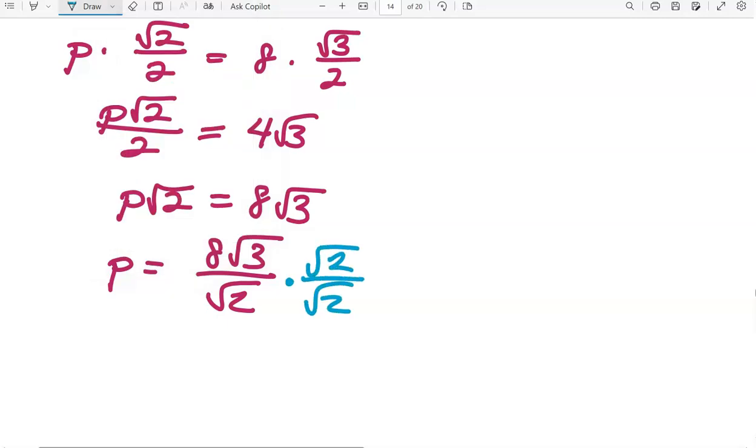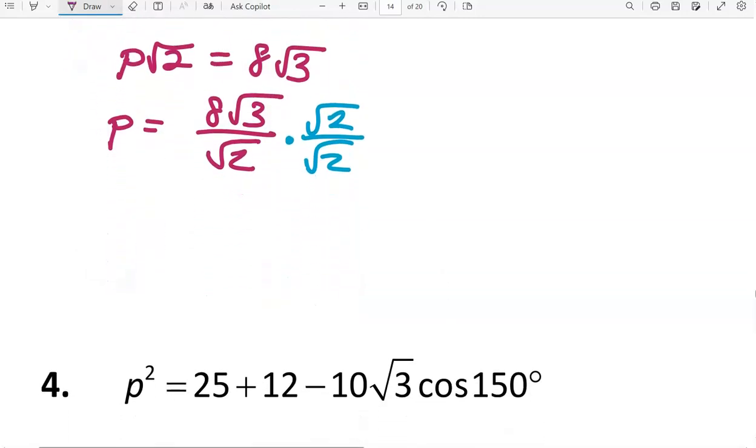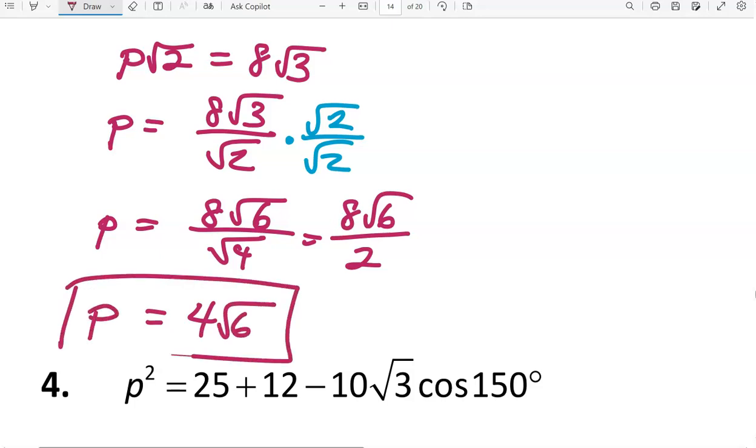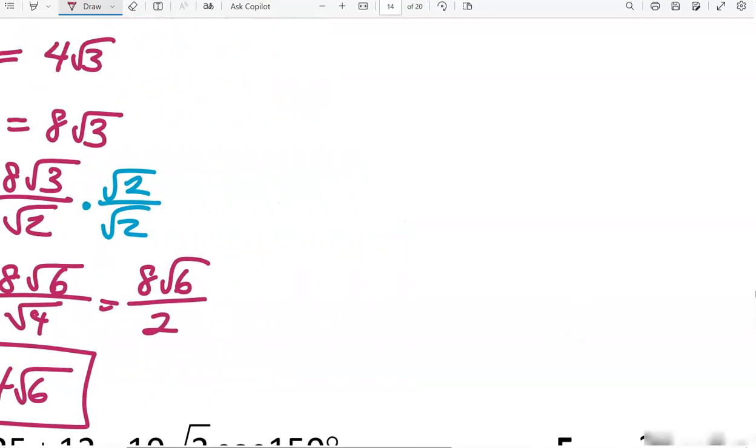So we have the solution, right? But we want it in rationalized form. That is, the denominator needs to be a whole number. So P is equal to 8 times the square root of 6 divided by the square root of 4, which is 8 times the square root of 6 divided by 2, or 4 times the square root of 6 is the value of P, which is the length of a side in this proportion.